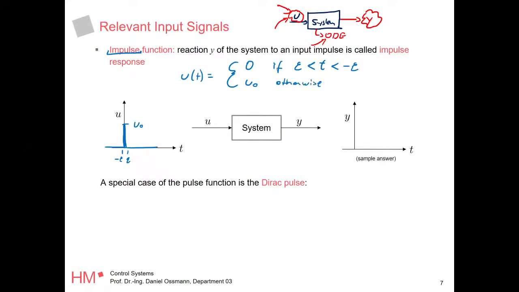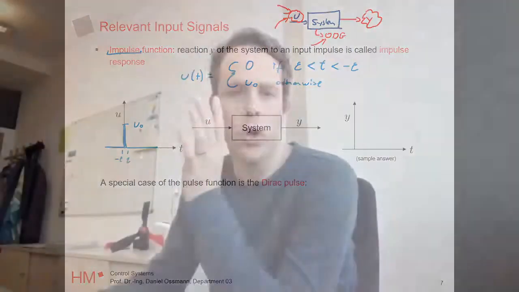So what would be an example for this? I know it's kind of hard at the beginning in controls to do this abstraction. Let's say this is our system. An impulse would be this. So I'm giving an impulse, and we see the reaction. This is probably nonlinear because it crashed, so it's probably not going to be describable with a linear ODE, but this is what an impulse looks like.